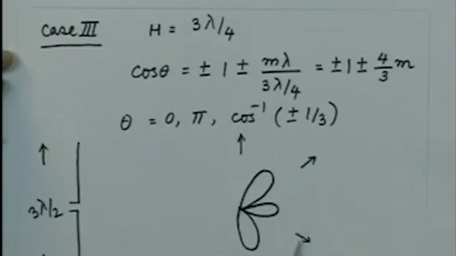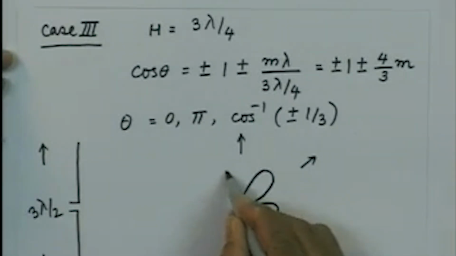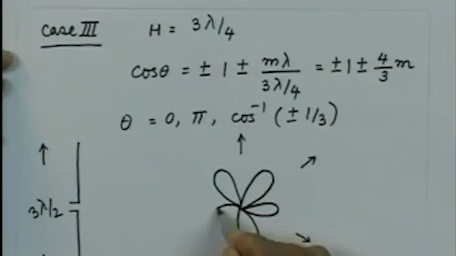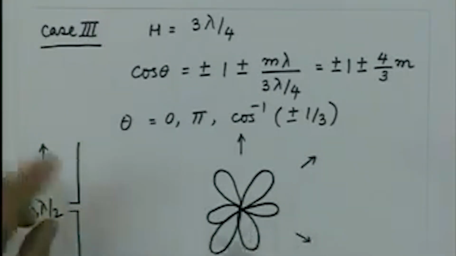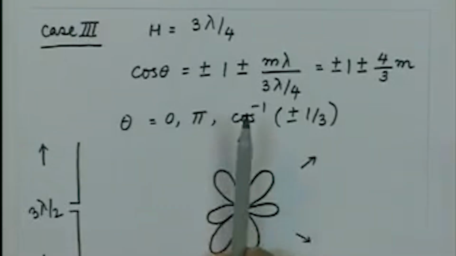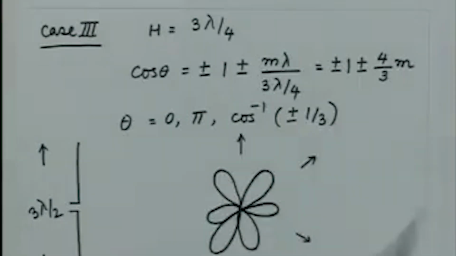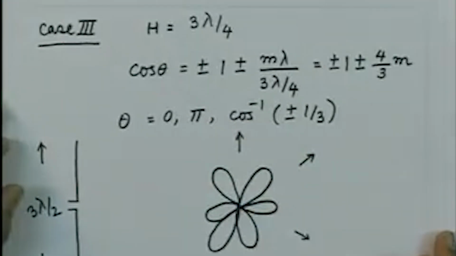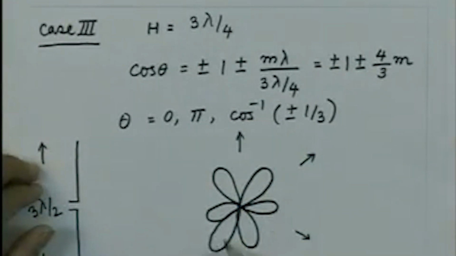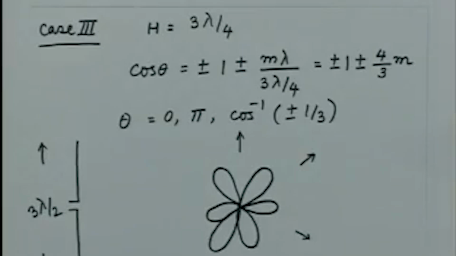And it is a figure of revolution, so essentially you will get a pattern which looks something like that. We got new directions for nulls. Earlier there were only two directions. Now you have a cone over which there will be nulls, and there will be multiple maxima, because the radiation is maximum here, there will be a maximum here, and so on.